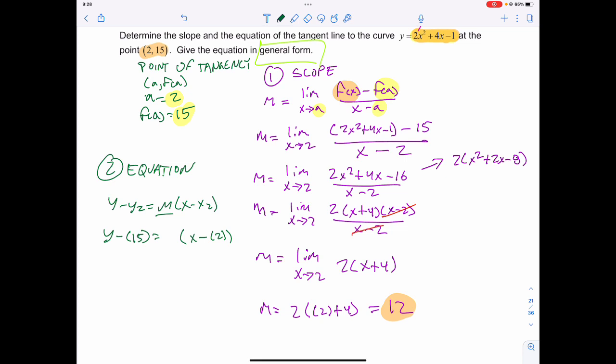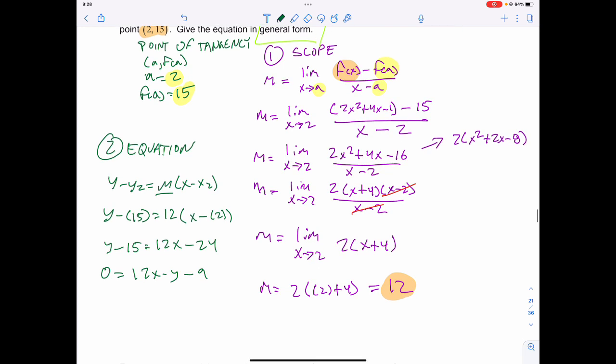The slope we just solved is 12. Then y minus 15 is equal to 12x minus 24. Because my x value is positive, I'm going to move everything to the right, so I'm going to subtract y from both sides to get negative y, and add 15 to both sides to get negative 9. Therefore, 12x minus y minus 9 is equal to 0 is my general form of the function.